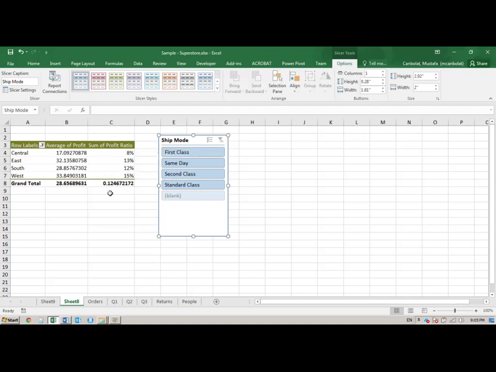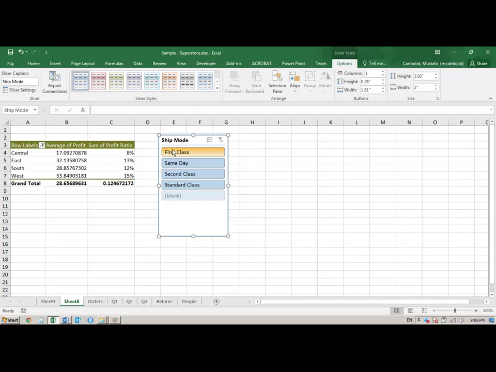The highest is central, and for the first class, the ratios are different. For same day, south, the profit is bad, so we need to see what's happening there. Then second class, standard class, and then clear the filter.